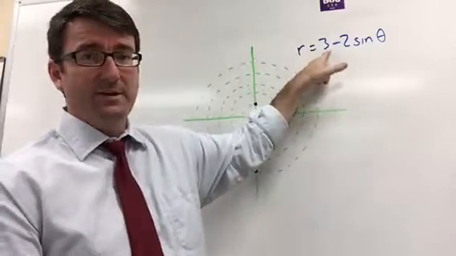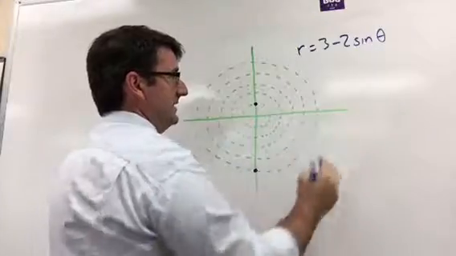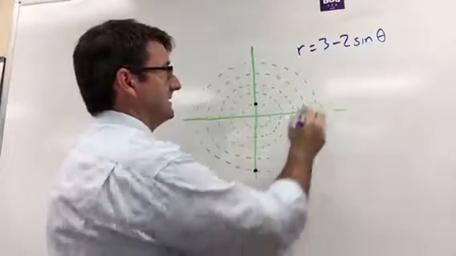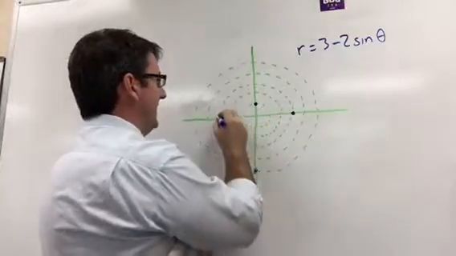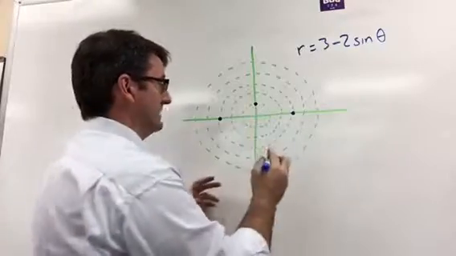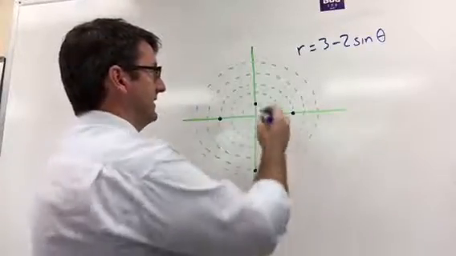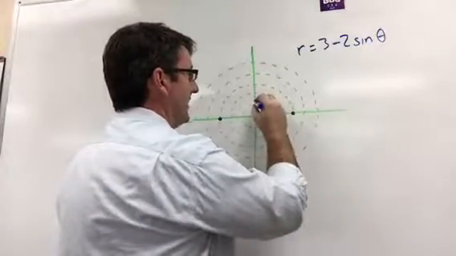This a value is actually going to give us the points where it's going to cross this x-axis. So it's going to come out here 3 units this way and 3 units this way. And now we've got all these points, and we know that it's going to be this dimpled limaçon shape, and so we can graph it from here.